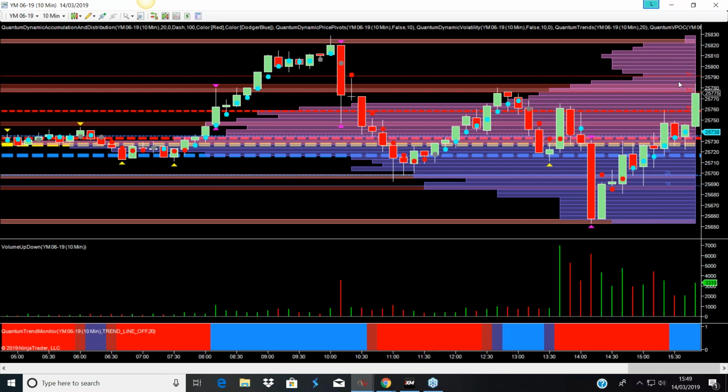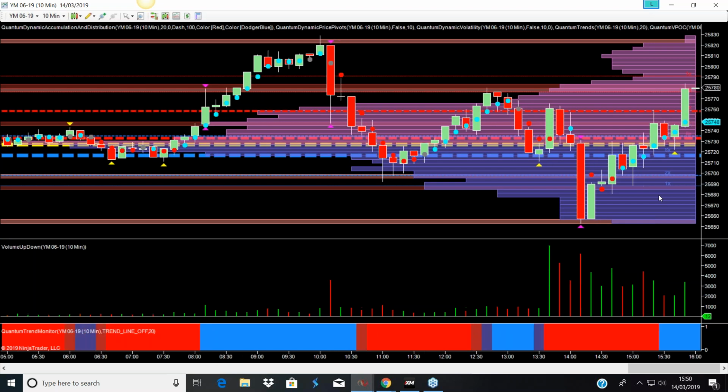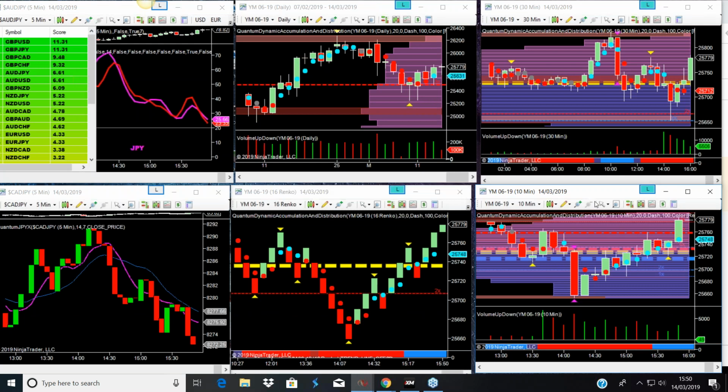Understanding what it takes to get through these regions of a high volume node, and what is likely to happen if it reaches a low volume node, and also understanding about volatility, on top of your candles and candle patterns. When you start to put all these elements together, what you see on the chart begins to make sense, and you think, do you know what? It's not as complex as perhaps people make out.